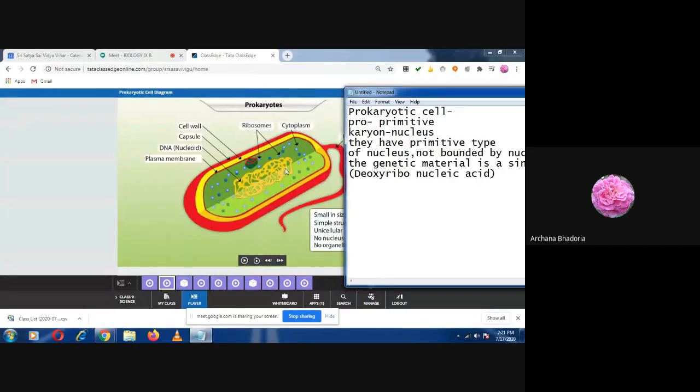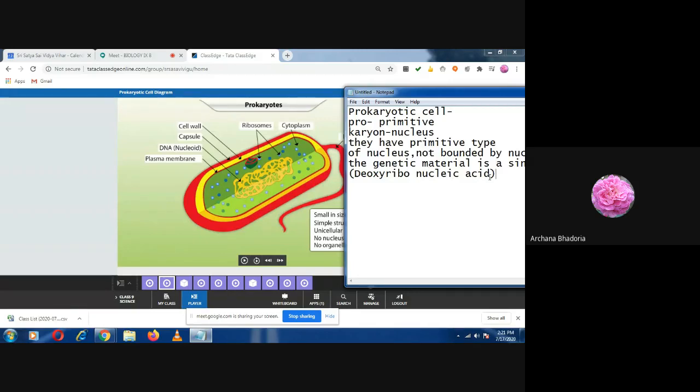There is one thread only, confined to this region. Why? Because it is bounded by some jelly-like substance, which keeps it together in the center. This DNA is not bounded by any membrane, but only confined to a particular region in a jelly-like substance, and we call this region itself the nucleoid.